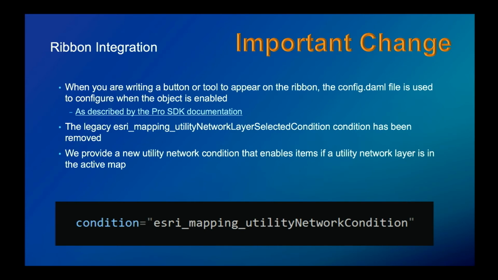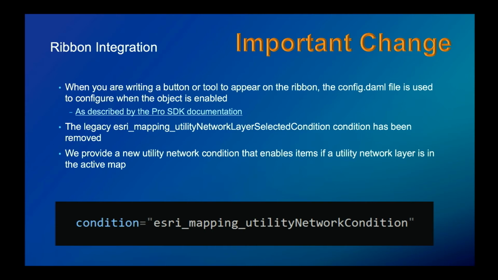So in the past, that condition would be enabled whenever you selected a utility network layer or a layer that represents a feature class that belongs to a utility network. So we changed that, and we didn't really quite do this the right way. So we changed it by removing that condition. So with 2.3, that condition is always going to return true, and your button is always going to be enabled.